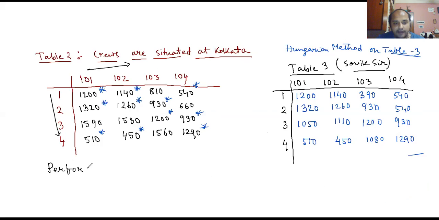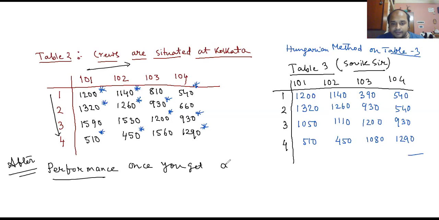After performance of Hungarian method, once you get the assignment, we are going to assign something in some way. We have flights 1, 2, 3, 4, and we have flights 101, 102, 103, 104.